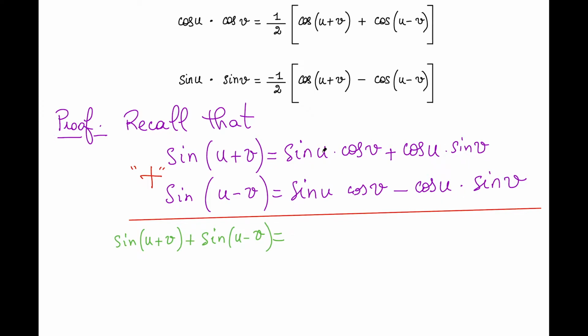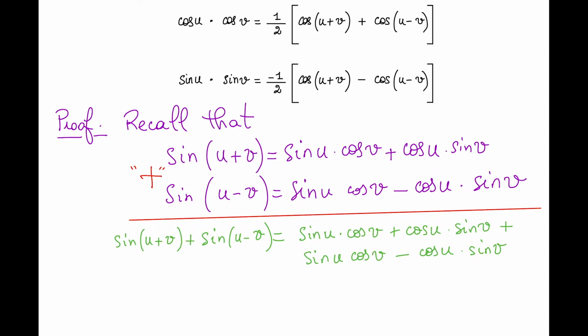We get the top one, which is sine of u times cosine of v plus cosine of u times sine of v, plus the bottom one, this whole expression here, sine of u cosine of v minus cosine of u sine of v. If we add these, this is what we get.